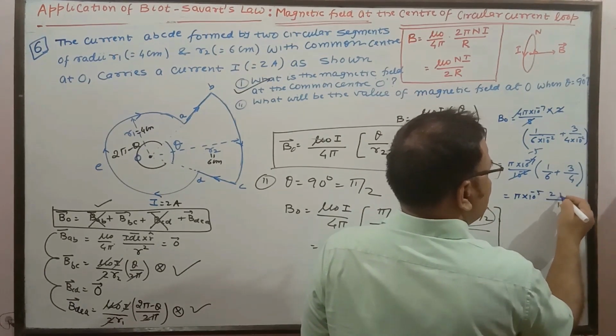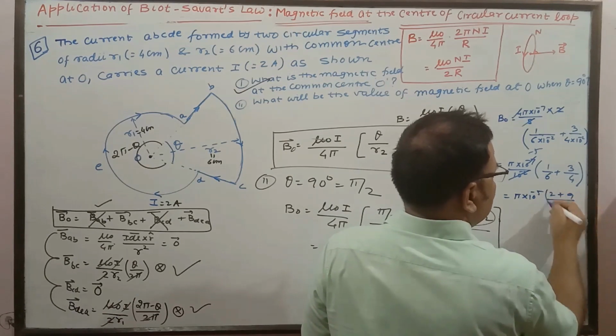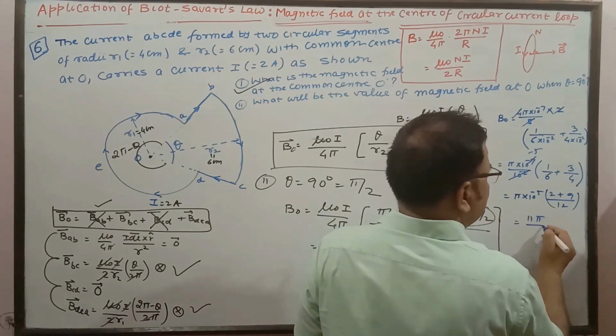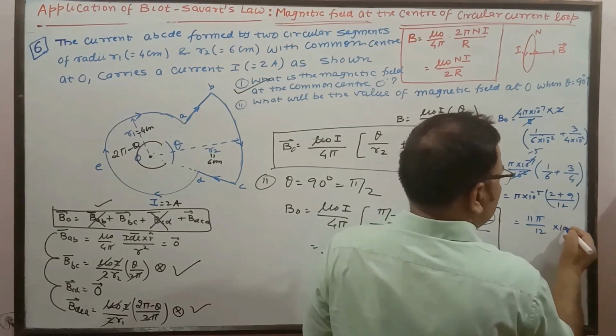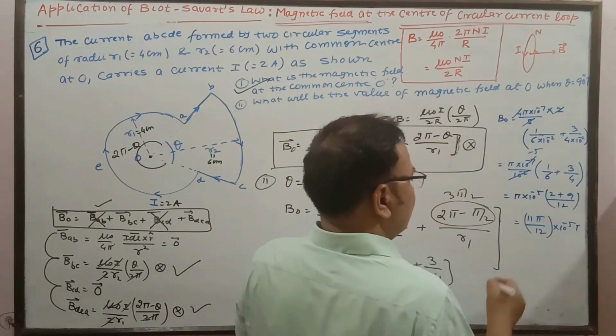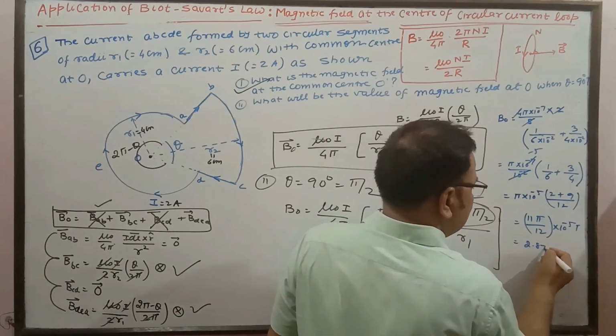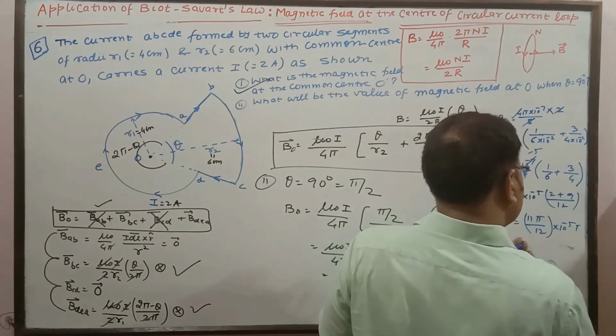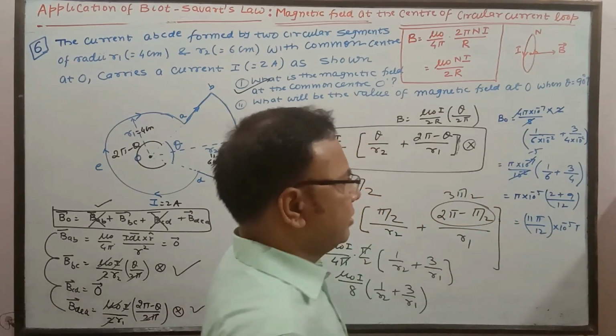So 6 twos are 12 plus 4 threes are 12, 9. So this gives 2 plus 9, 11. So 11 pi divided by 12 into 10 to the power minus 5 Tesla. If you calculate it, it is around 2.87 most probably. You just try to find out whether it is correct or wrong. Or you do it yourself. No need to calculate from our side.